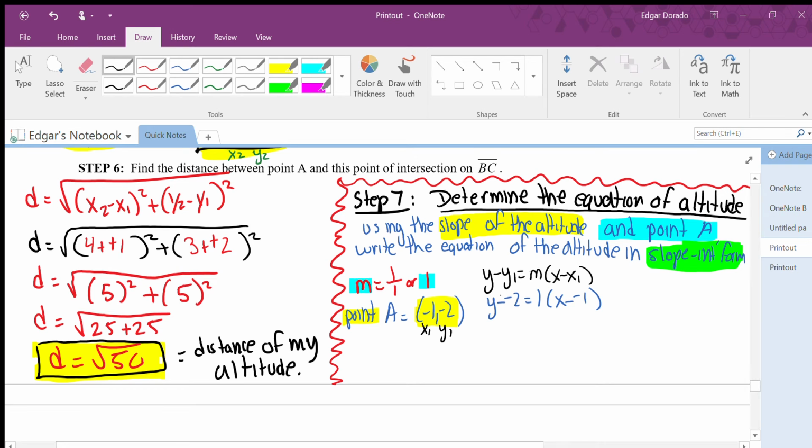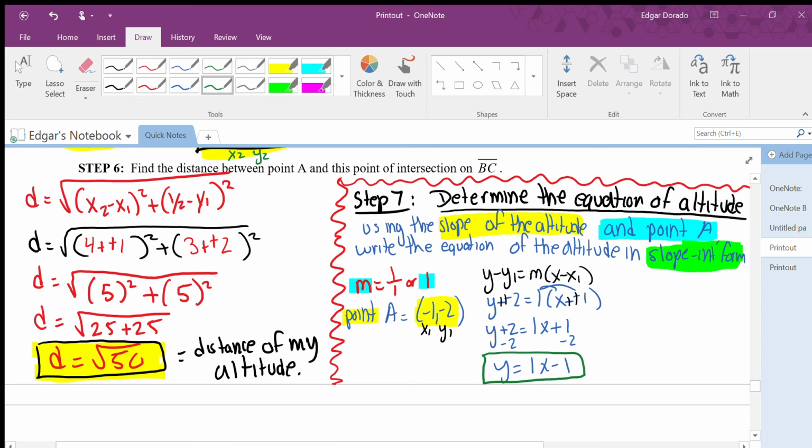These obviously turn into pluses. Okay, so this is now going to have to get distributed. I get y plus 2 equals 1x plus 1. Subtract the 2 on both sides. We get y equals 1x minus 1.